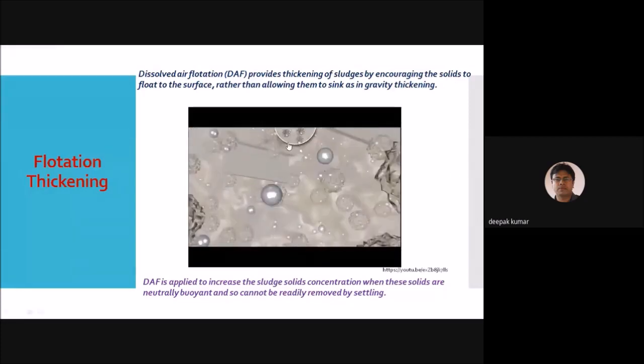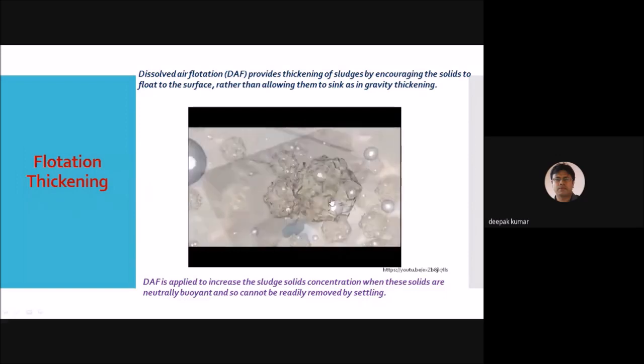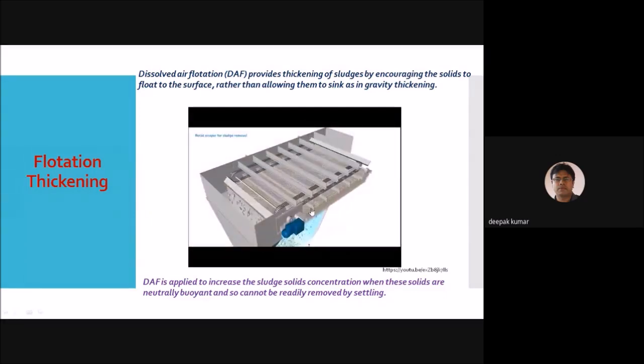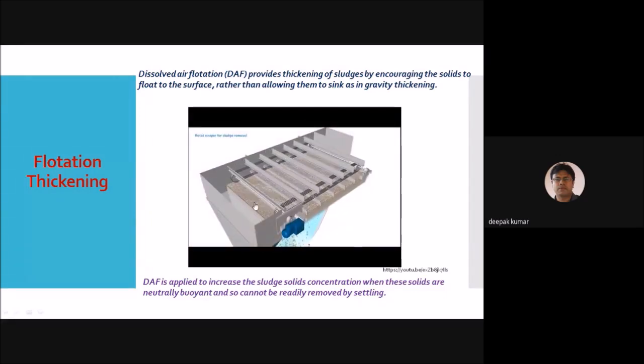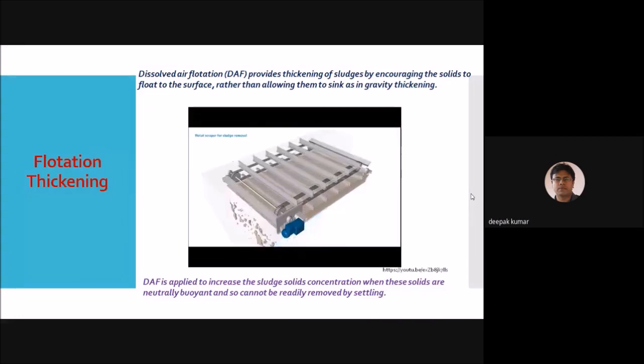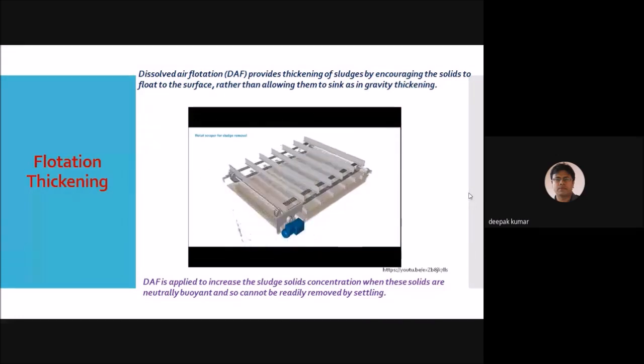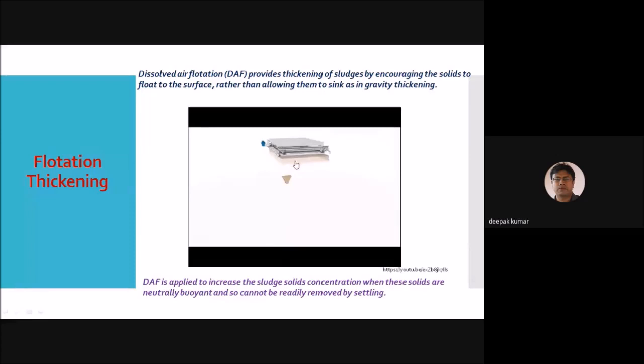You see these air bubbles, dissolved air flotation. These get mixed with the sludge, and sludge is separated from the top surface. You see the top surface sludge is coming out, which is thickened compared to the previous.